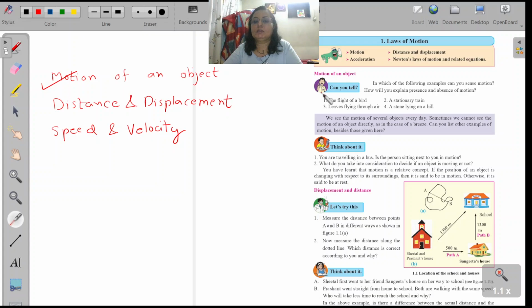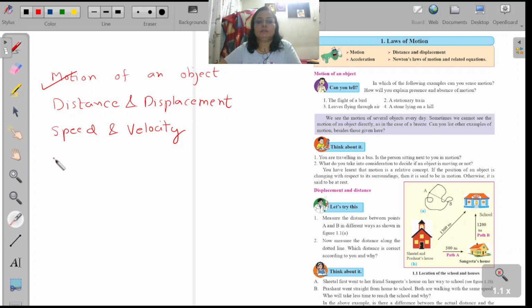For example, a person walking on a street, a rider cycling on a bicycle, a plane flying in air, a helicopter flying in air. These are all examples of presence of motion.